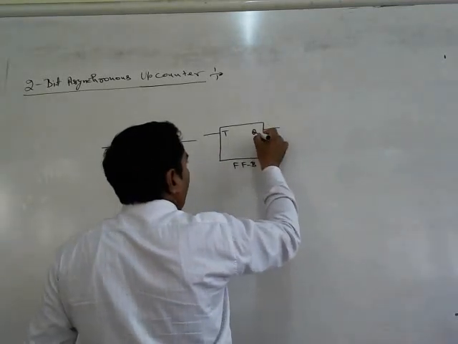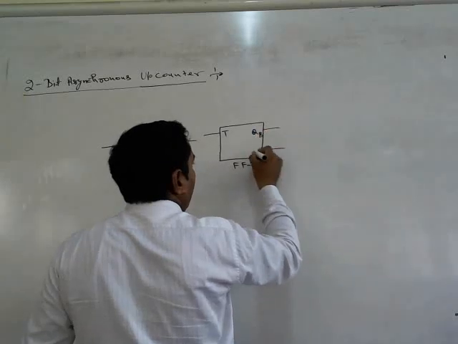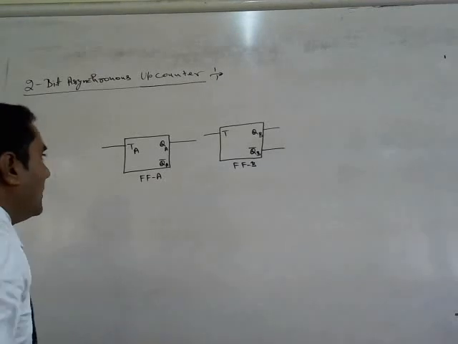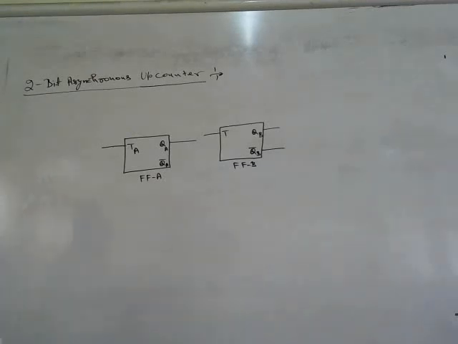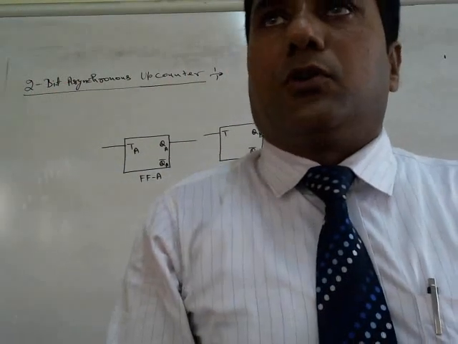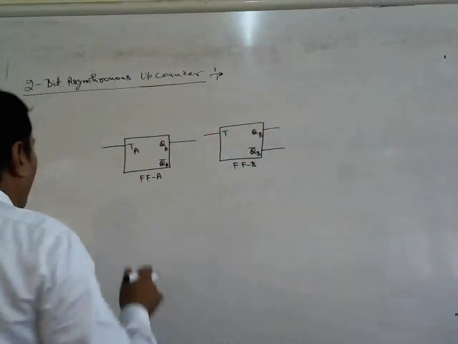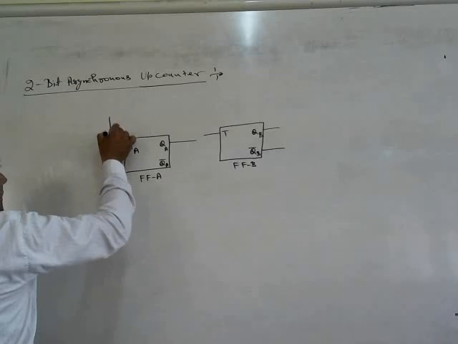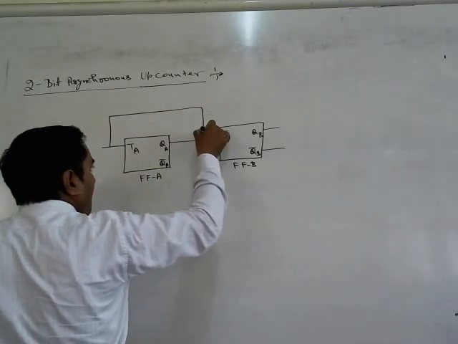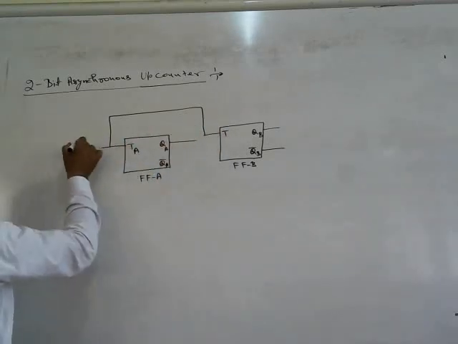Here the outputs are QB and QB complement. In the toggling mode, we know in the T flip-flop, for toggling mode, we connect the input to the logic 1. So here we connect both the flip-flop inputs, that is T, to the logic 1.